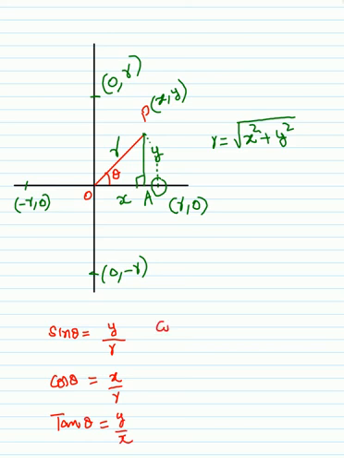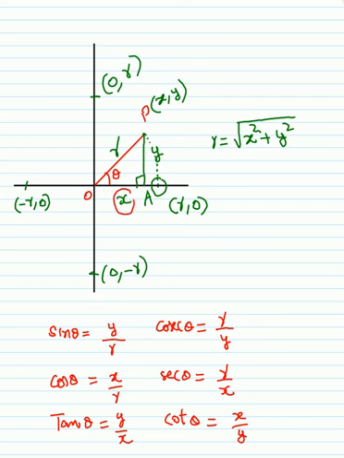Next, cosecant theta is equal to the reciprocal of sin theta, that is r by y. Then secant theta is equal to the reciprocal of cos theta, that is r by x, and cot theta is equal to the reciprocal of tan theta, that is x by y.